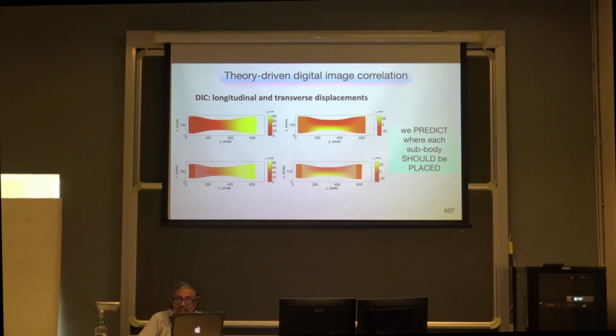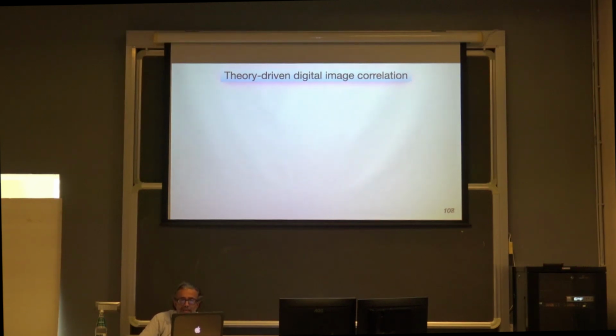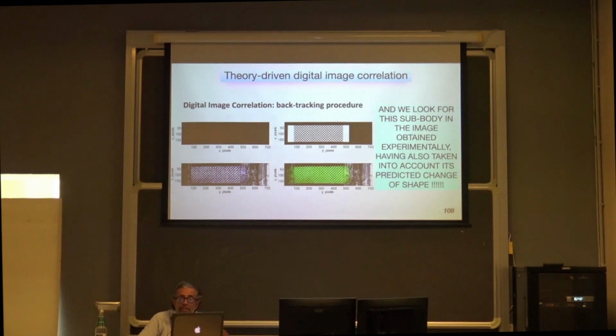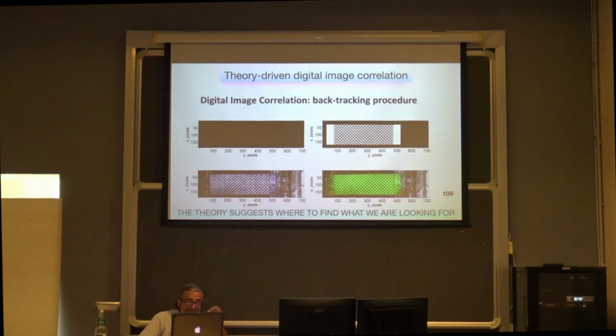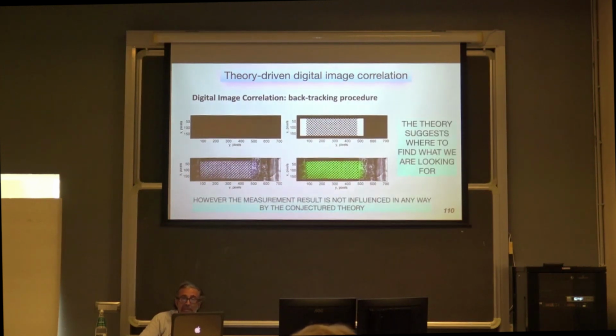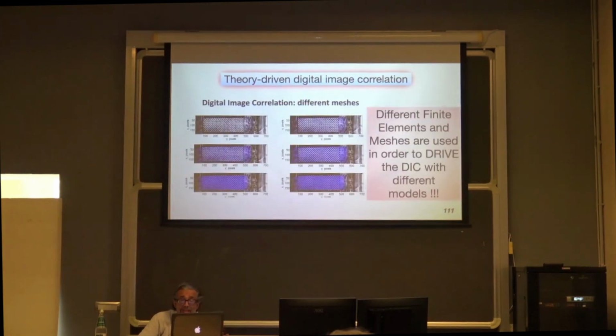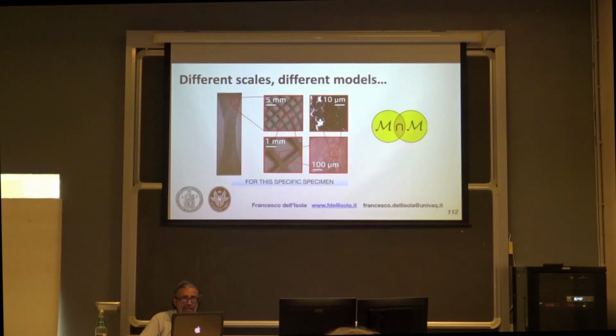We predict where each subbody should be placed, and then we look for the subbody in the image obtained experimentally, taking into account its predicted change of shape, and the theory suggests where to find what we are looking for. And the final result is that we find that the theory is not falsified, okay? And the result is independent of the theory. So, I am concluding.